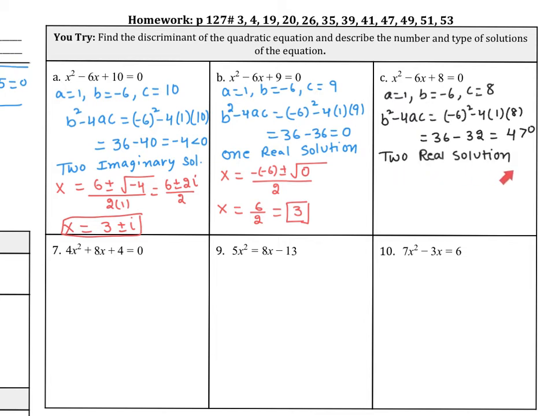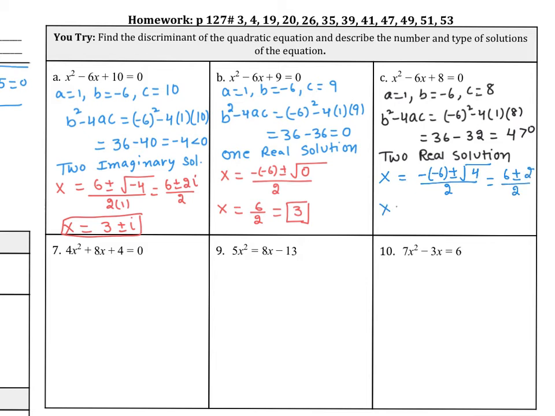So two real solutions, and if you have to find those solutions, you're going to apply the quadratic formula. x equals negative negative 6 plus or minus the square root of b squared minus 4ac, which is the square root of 4, divided by 2. So it's going to be 6 plus or minus 2 divided by 2.